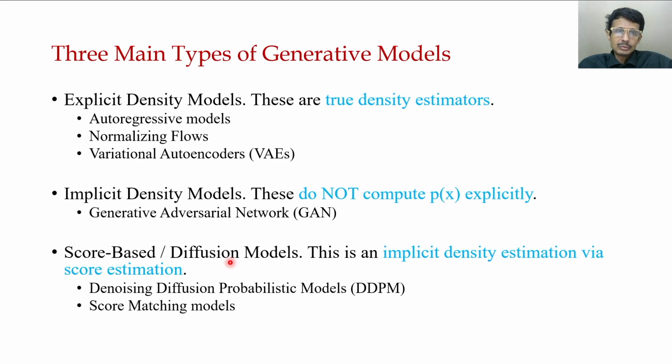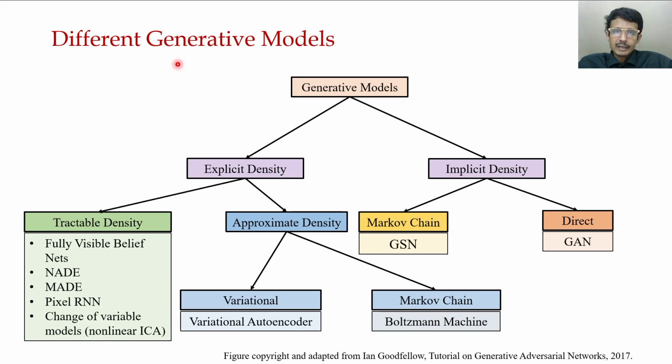Now, if you see these different models, generative models are basically these two: explicit density model and implicit density model. And explicit density model again has a tractable density. Fully visible belief nets, NADE, MADE, PixelRNN, and change of variable models, non-linear ICA, are under tractable density models.